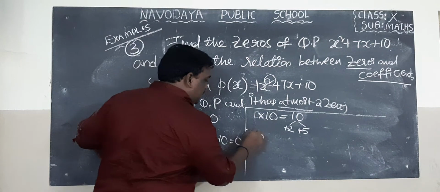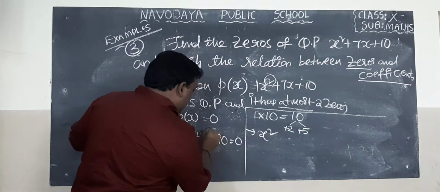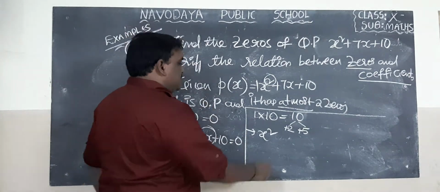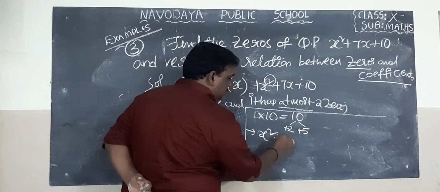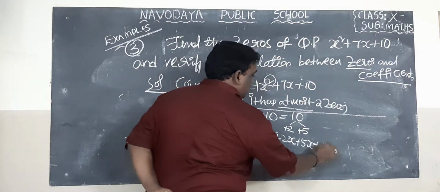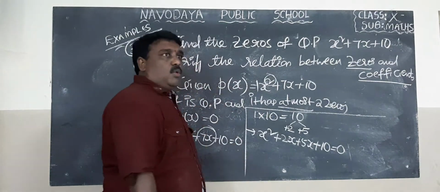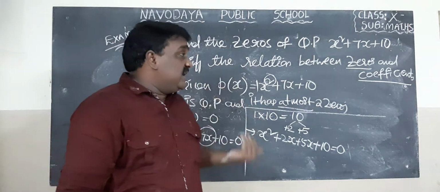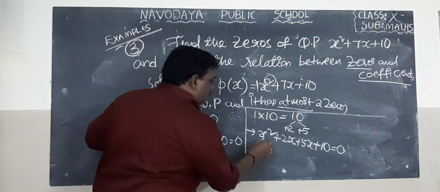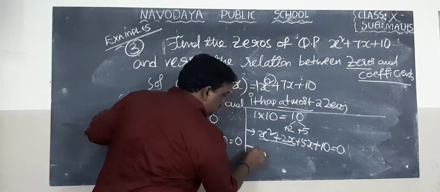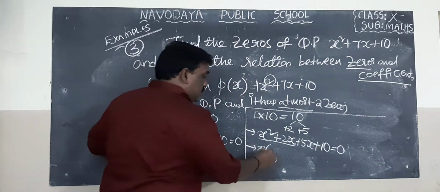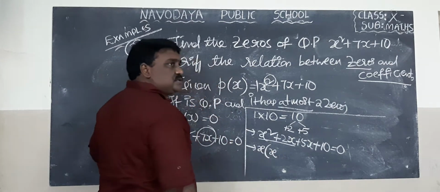Then what is the starting one? x square. The middle term is replaced by factors. What are the factors? Plus 2x plus 5x plus 10 equal to 0. Only the middle term changed. For the first two terms, plus 2x plus 5x, what is common? x common, x left.